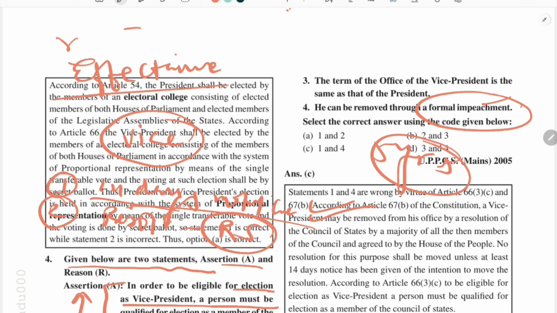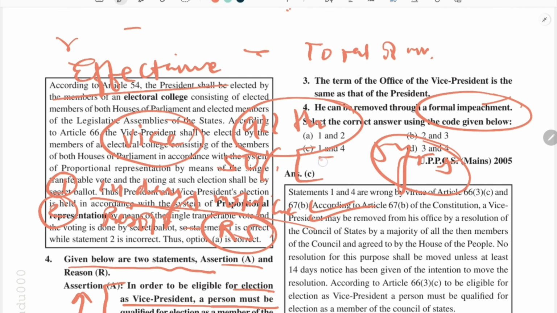In the book Laxmikanth, it has been written as absolute majority, which is incorrect, because in the constitution it has been written that all the then members, a phrase which means effective majority, and effective majority is defined as the total number of members in the house minus vacancies. So if we calculate 50% of the total number minus vacancies, that is the number required for his removal, it should be more than 50% of the effective majority. So this is the second step.